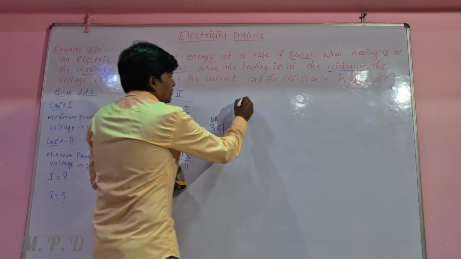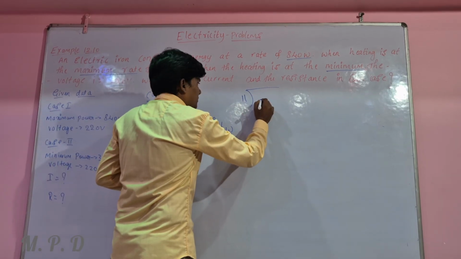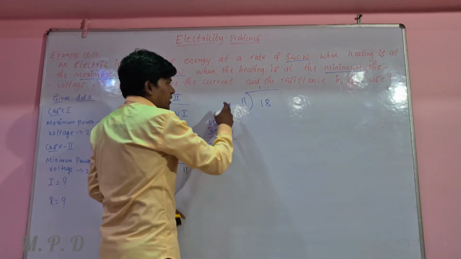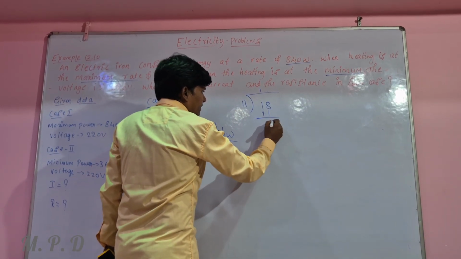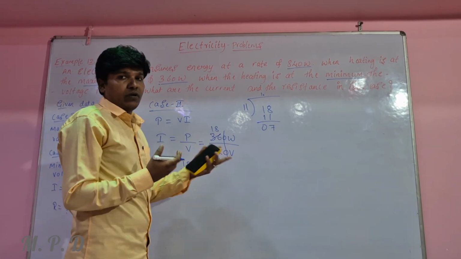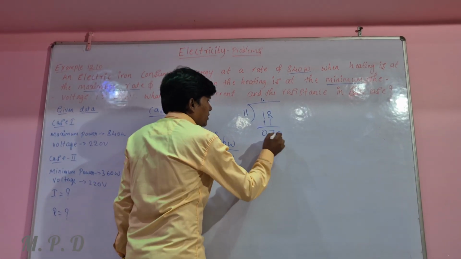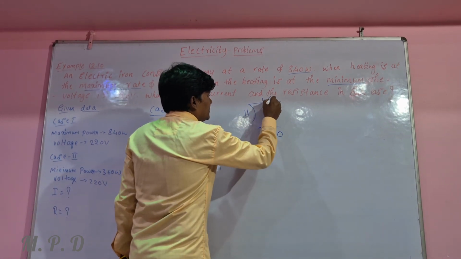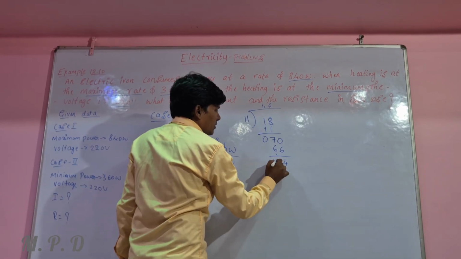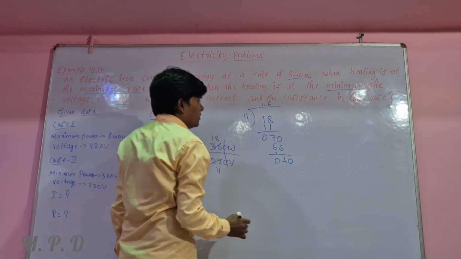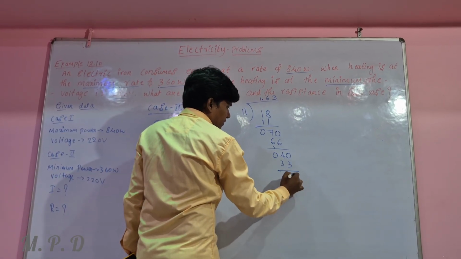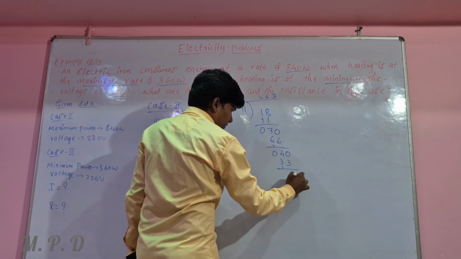Okay. 11 and taken as 18 here. So 11 ones are 11, 2s is 22. 11 ones are 11, 7 and 0. We have to add 1 point here because in the 11th table we don't have the 7, and we have to add 1 0 here. And 11 6s are 66, 1, 4 and 0. Again we have to add 1 0 here. 11 3s are 33, 7 and 0.